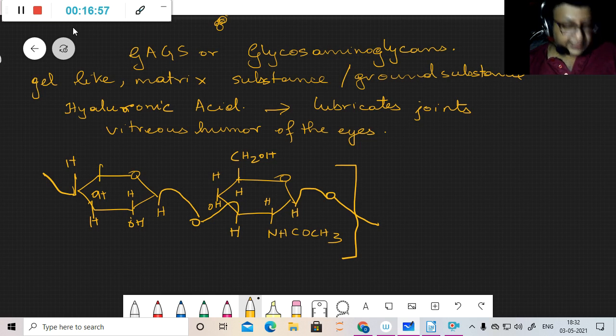And interestingly, in this one it is COO minus, and you have an H. This is the structure of hyaluronic acid, a glycosaminoglycan.